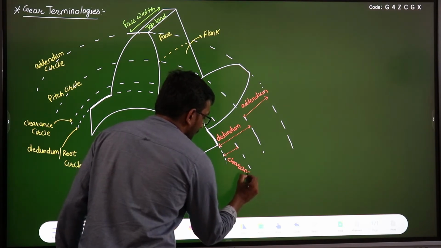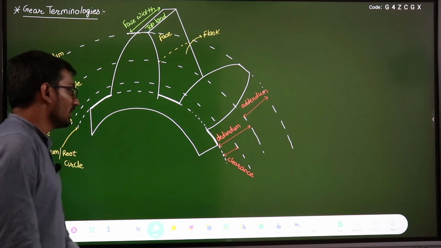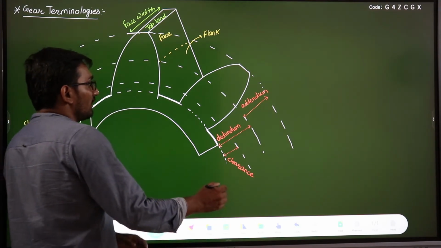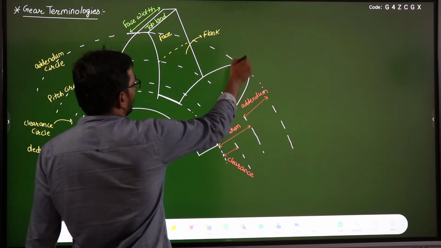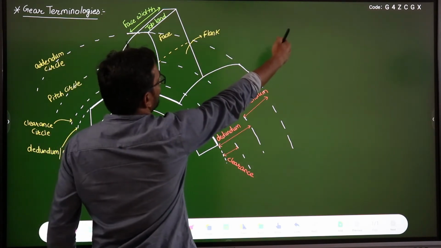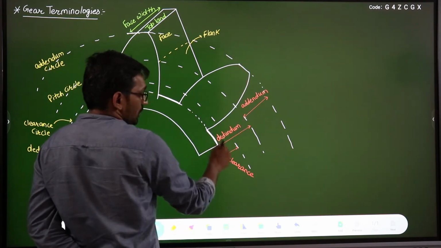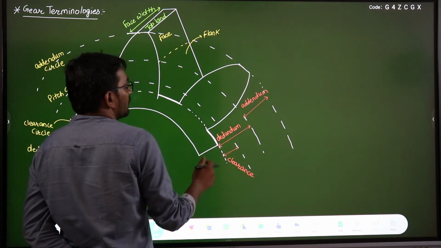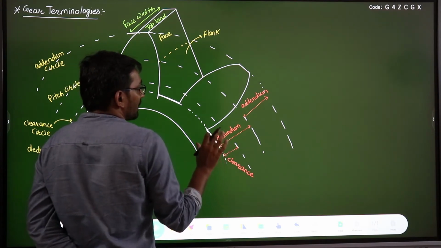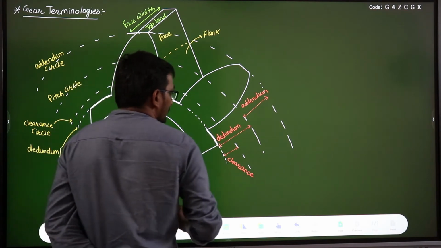Clearance means that the tip of the mating gear, which will be in contact with this gear, should not touch this root. The maximum point of contact is up to this clearance circle, so this distance is known as clearance.